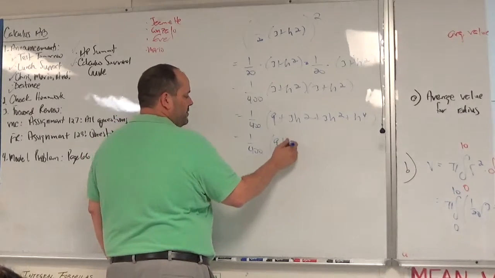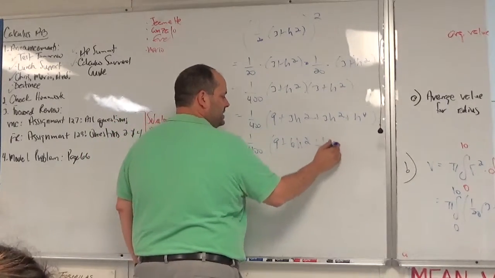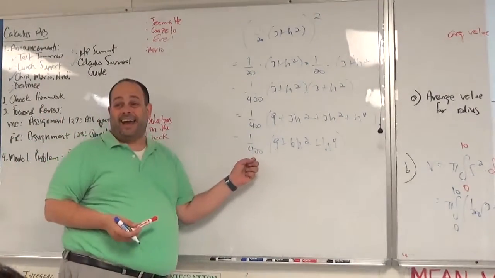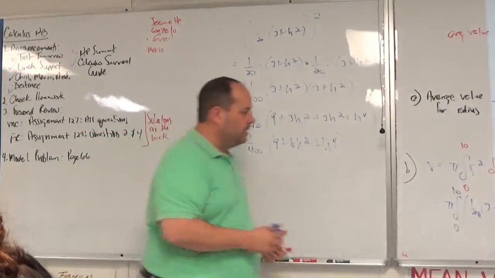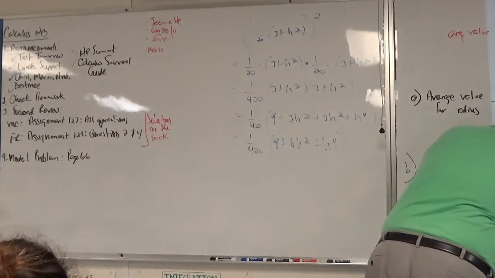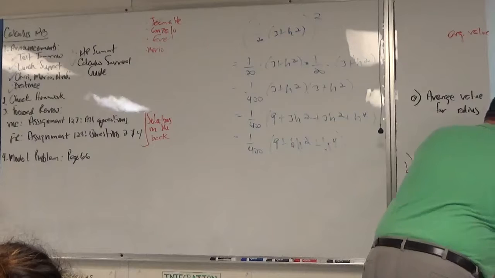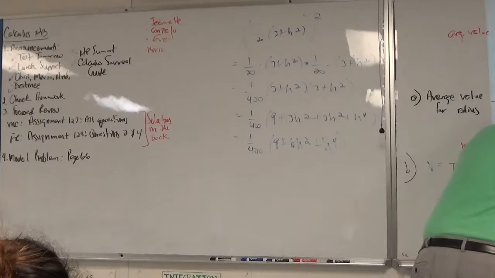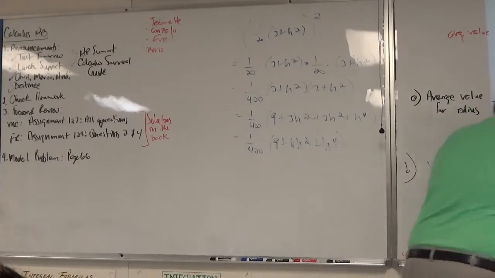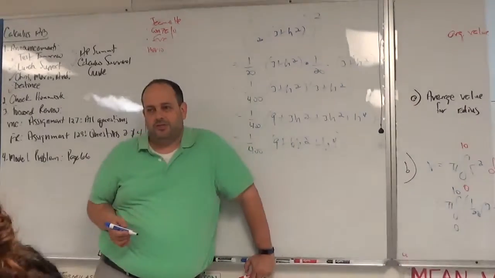So 1 over 400 times 9 plus 6h squared plus h to the 4th is what you get just by expanding. So you've got pi times the integral from 0 to 10 of 1 over 400, 9 plus 6h squared plus h to the 4th dH.